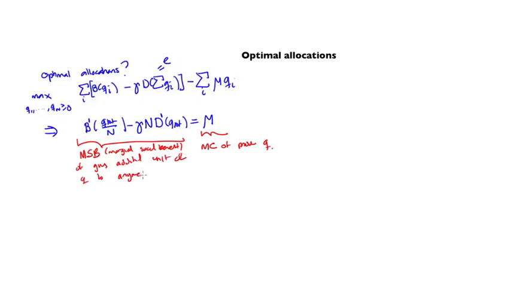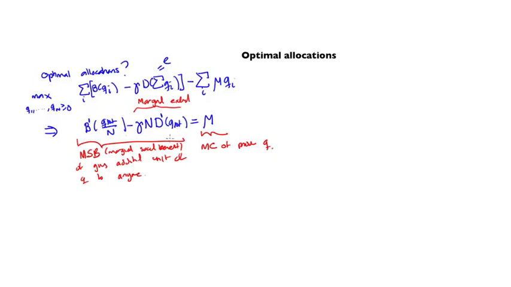Okay, let's get some intuition for this. Suppose that gamma was 0. If gamma was 0, if this was not there, the marginal social benefit would just be the marginal benefit for that person, and the optimum has to be equal to the marginal cost of production. The problem here is that we have here the marginal externality. Every time you give a unit of Q to someone, you increase their marginal benefit of consumption by B prime of this, but you also create damage on everyone. How much damage? All of this much.